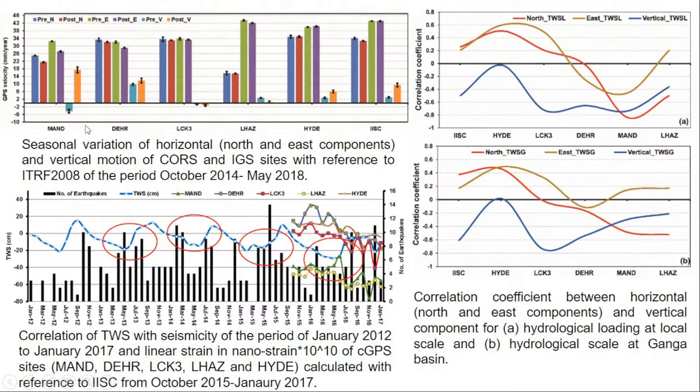Mandal is situated in the Chamoli region, but this is Dehradun station, situated in the Shivalik region. Here we can also see some difference between pre and post, but it is less compared to Mandal station. Also, Dehradun has more vertical movement in post-monsoon compared to pre-monsoon.